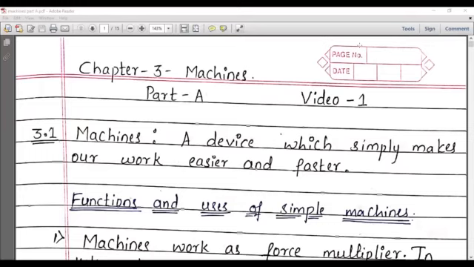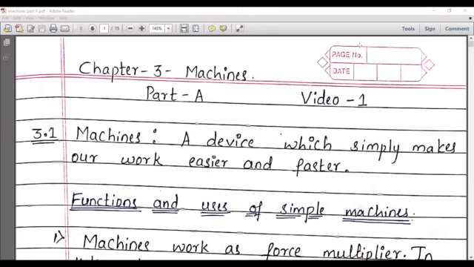For example, if you take a scissor, it is a simple machine which makes our work easier and faster. If you take a knife, it makes our work simpler and faster, so it is also a machine. So we have many machines which make our work easier and faster.